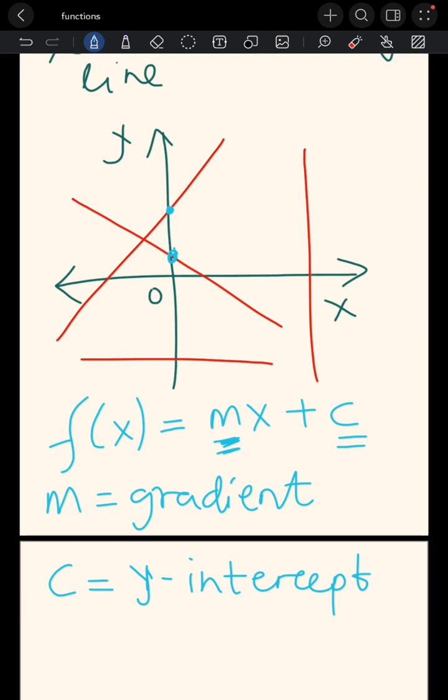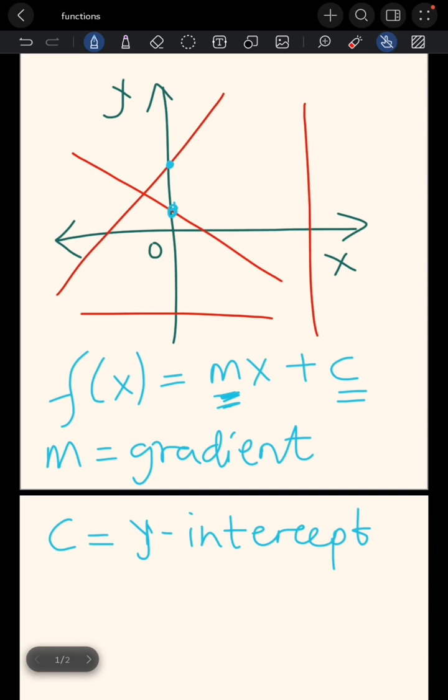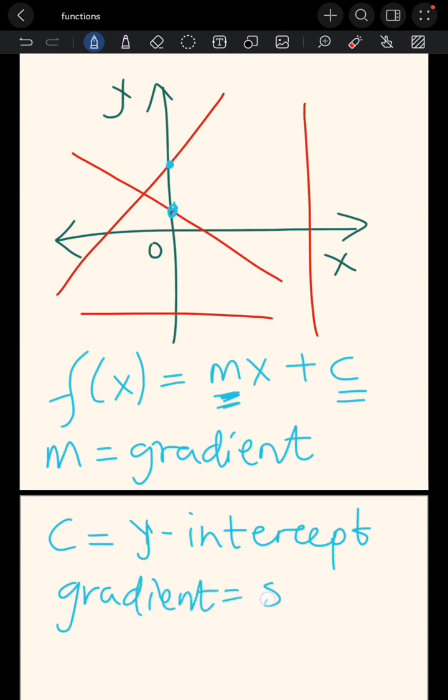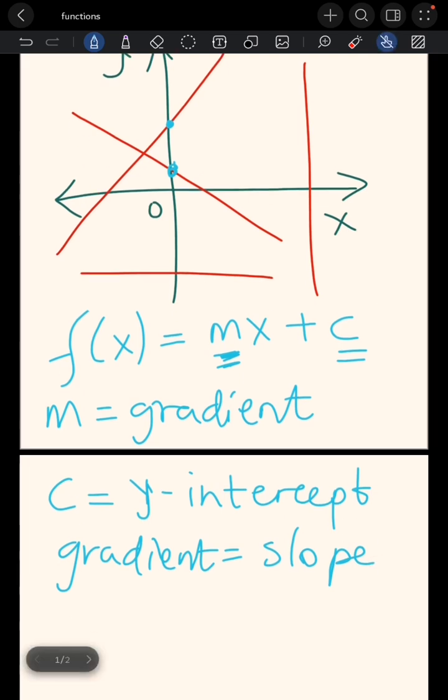What do I mean by the gradient? The gradient explains the slope. Gradient is equal to the slope. What is the slope?